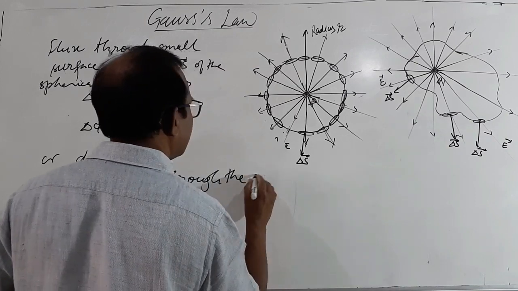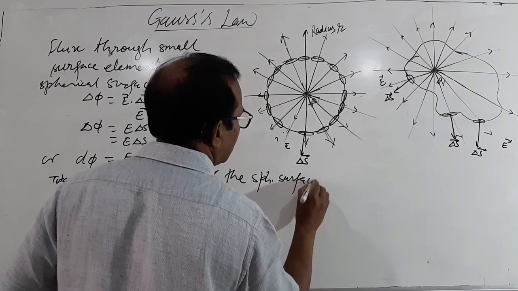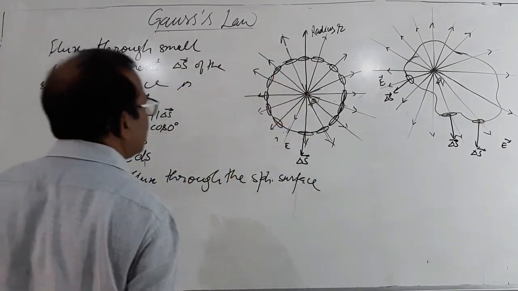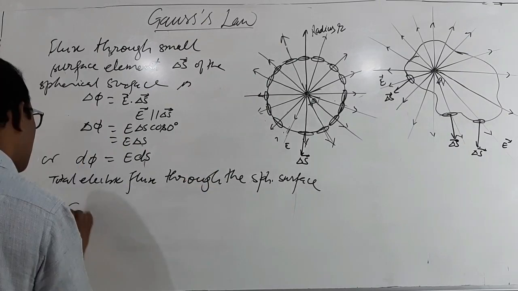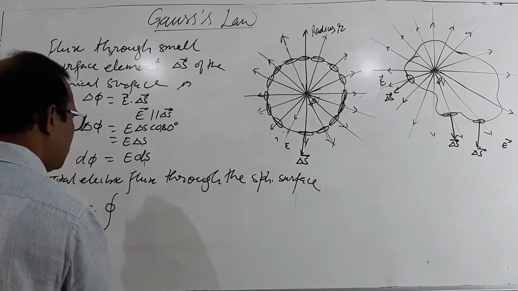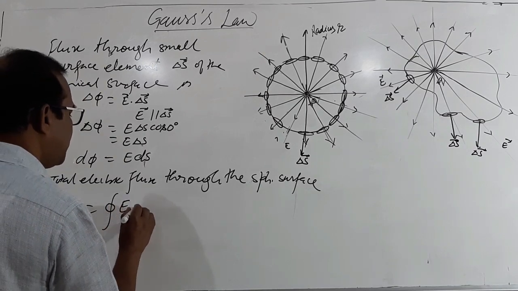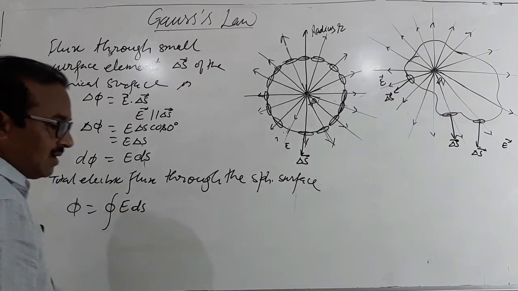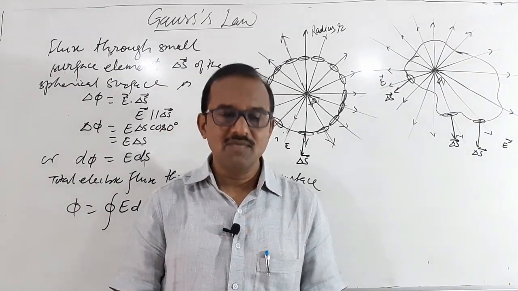Which surface? The spherical surface. Again, remember this charge is placed at the center. Phi equals the closed integral of E ds.